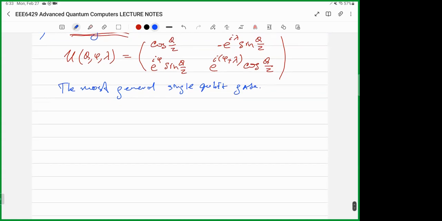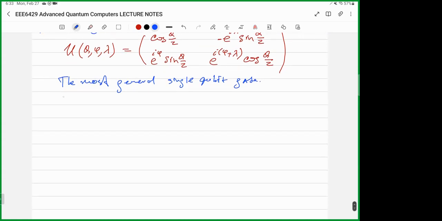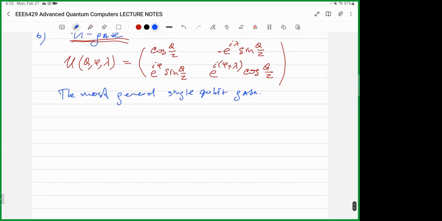For example, if theta is equal to pi over 2 and phi is equal to 0 and lambda is pi, this matrix gives me the Hadamard gate.